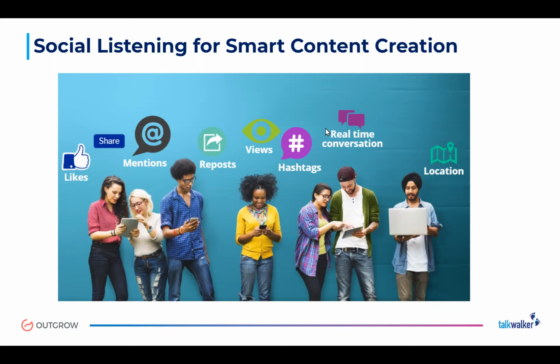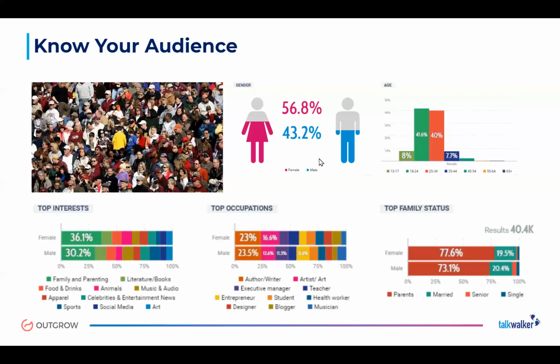In a nutshell, it's finding and tracking online conversations about keywords, phrases, events. It includes conversations about your brand, your business, your industry, and even your competitors. Listening to those conversations will help you find patterns and trends that you can use to your advantage. At the end of the day, it really is about knowing your audience.